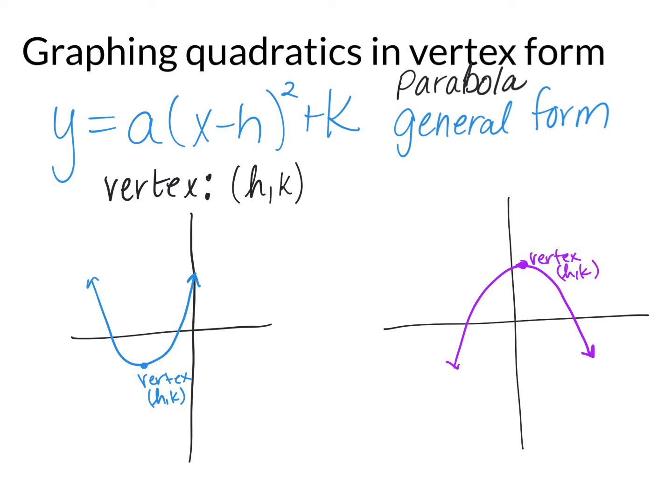Both parabolas have an axis of symmetry. That is a vertical line that passes through h. So the equation of this line is x equals h, and it's called the axis of symmetry.